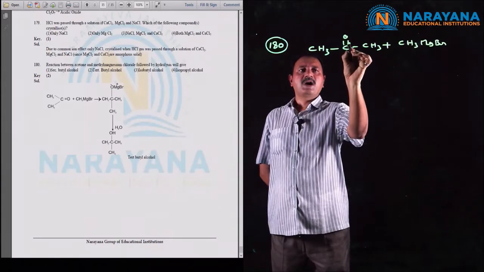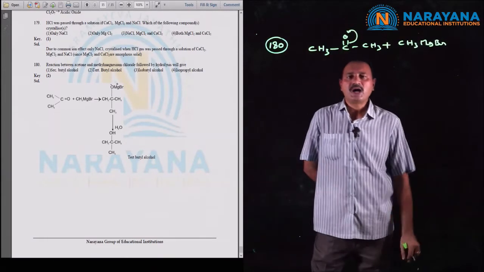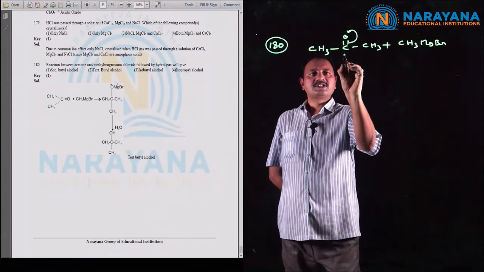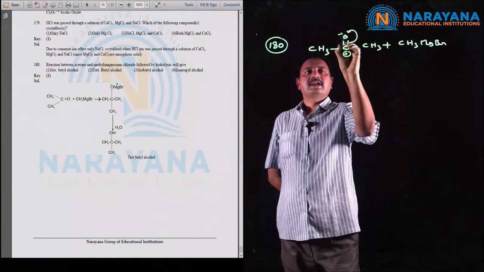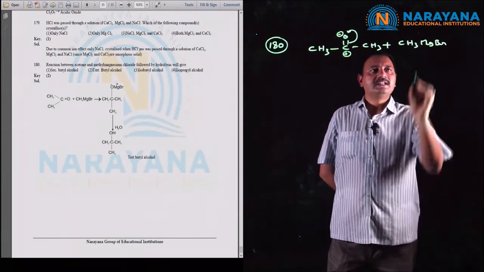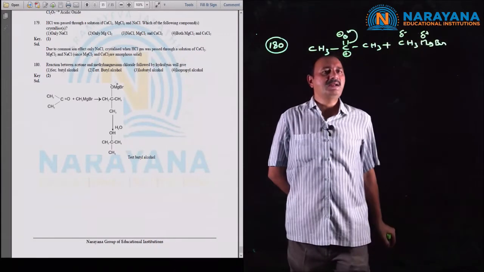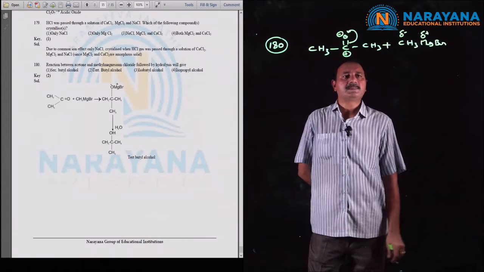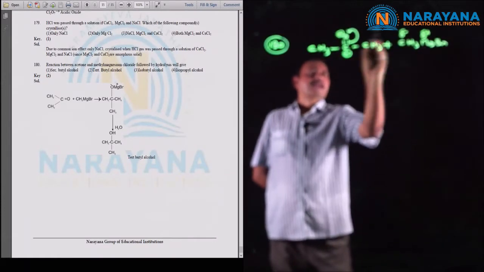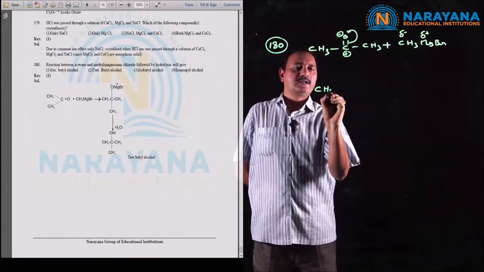Now the pi bond present between carbon and oxygen shifts onto the oxygen atom, so that there is a development of a positive charge on this carbon and a negative charge on oxygen.